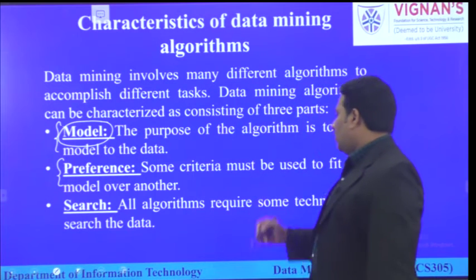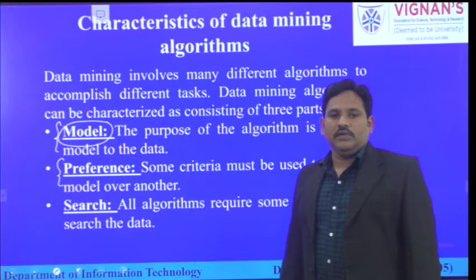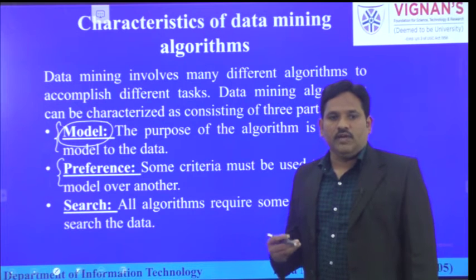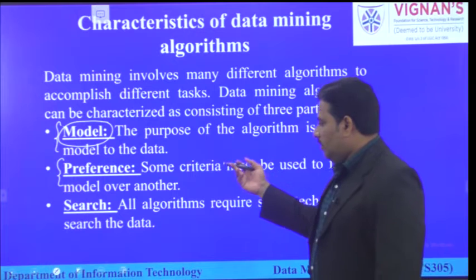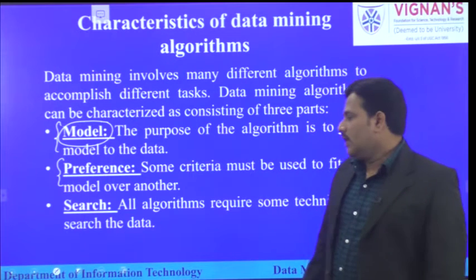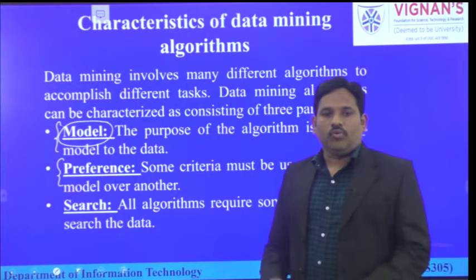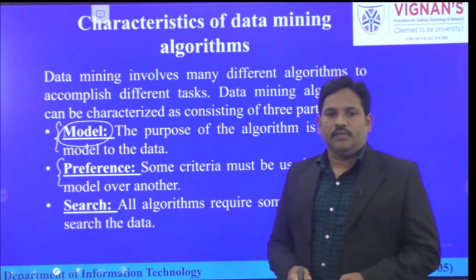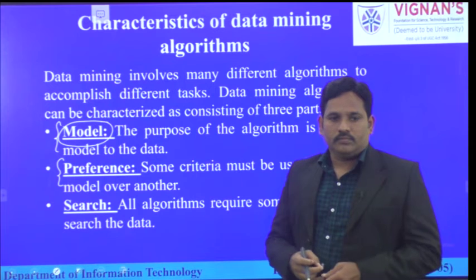The second characteristic is preference. Here we have to select some criteria in order to execute the model. That means among existing values or attributes, which are the best suitable attributes that can be used to train the model. Let us take a customer database, or customer information. Here we take the customer contact number.